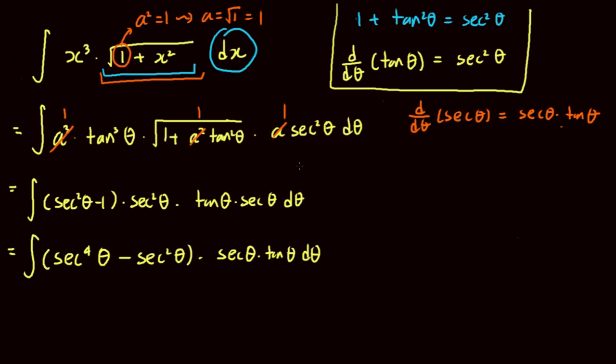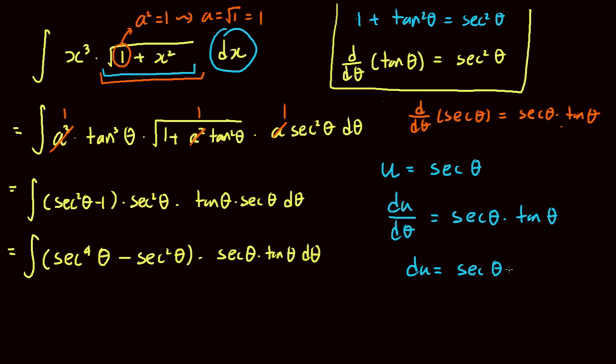I'm going to write it in a different color, maybe blue. So u is equivalent to sec theta. du d theta is just sec theta times the tangent of theta, then du is just sec theta times tangent theta d theta, which is basically this part right away.